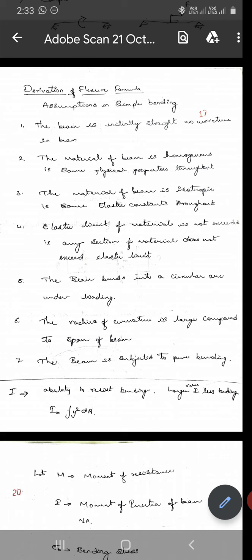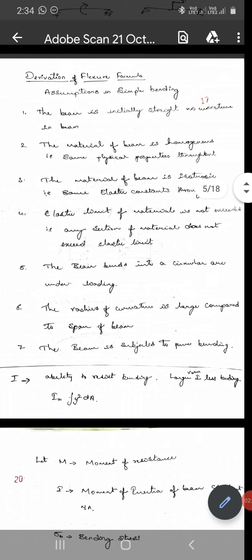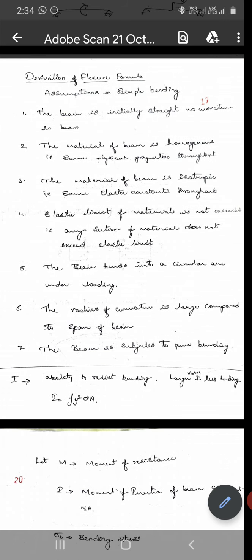It means that the arc should be very big. Seventh one, the beam is subject to pure bending. So these are some of the assumptions in simple bending.